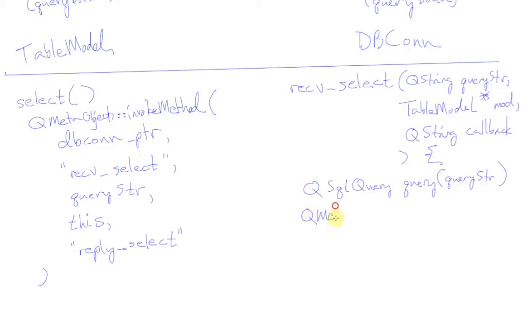QMetaObject. And we're going to do the same thing and do our callback, which is new to me, and I always hear about callbacks. And look at me now, I'm doing callbacks in my code. It feels great. Okay, so we're going to do invoke method, and we're going to invoke it on mod.